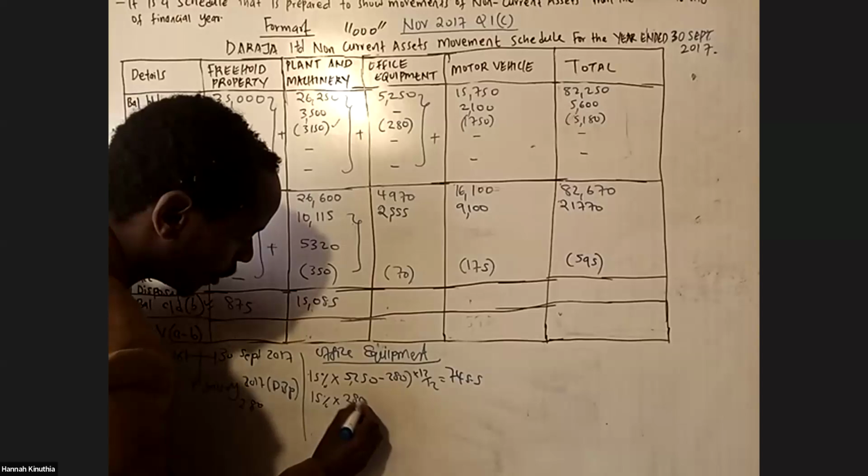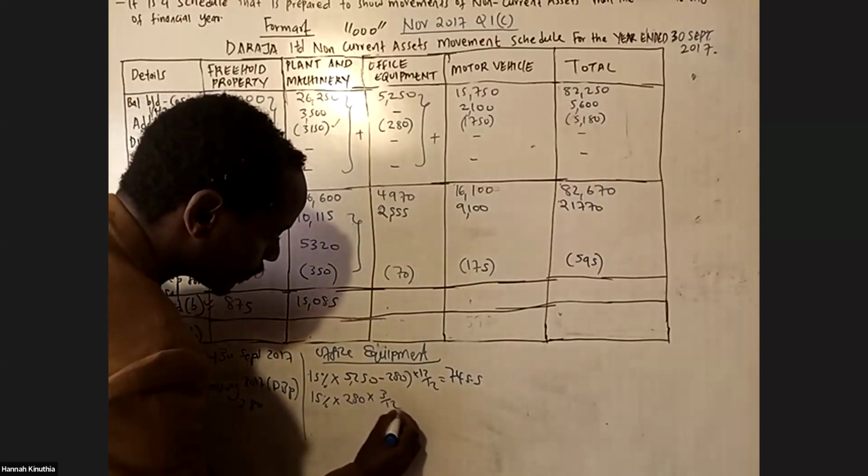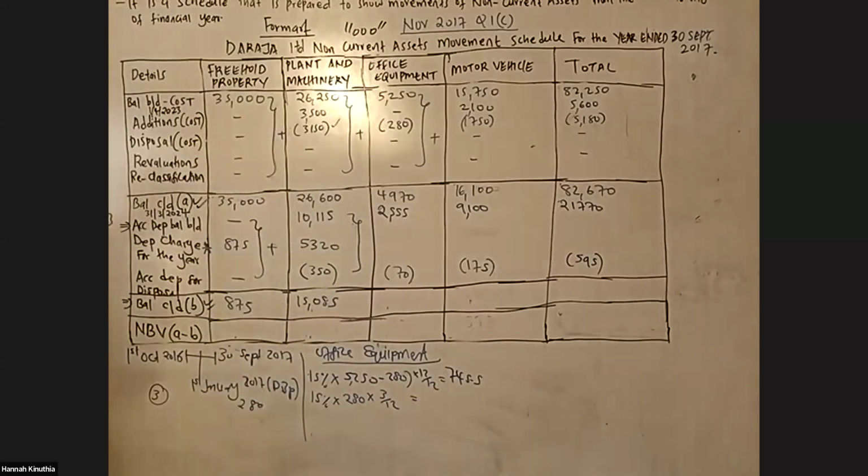So the 280, it was used for how many periods? 12? Is that correct? Let's calculate office equipment: 0.15 times 280 times 3 over 12.